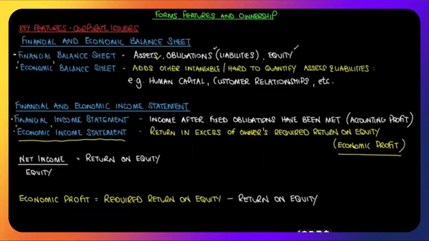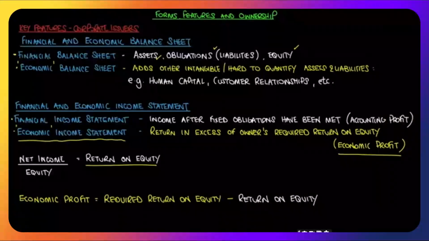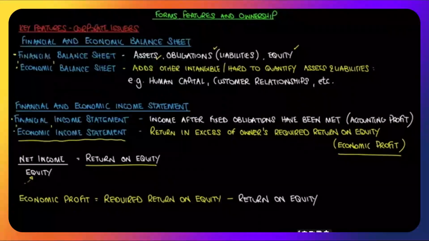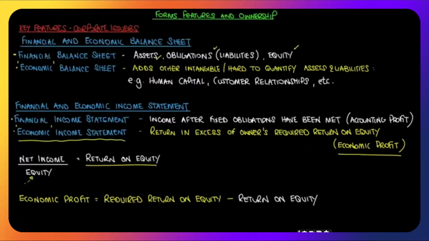So be careful with these terms. We can calculate return on equity. That is no more, no less than an accounting ratio, net income over equity. And again, if you've been through financial reporting, you'll be screaming that this should be average equity. We're not getting into calcs now, so it doesn't matter. But it's just net income. What did you generate given the equity you used?